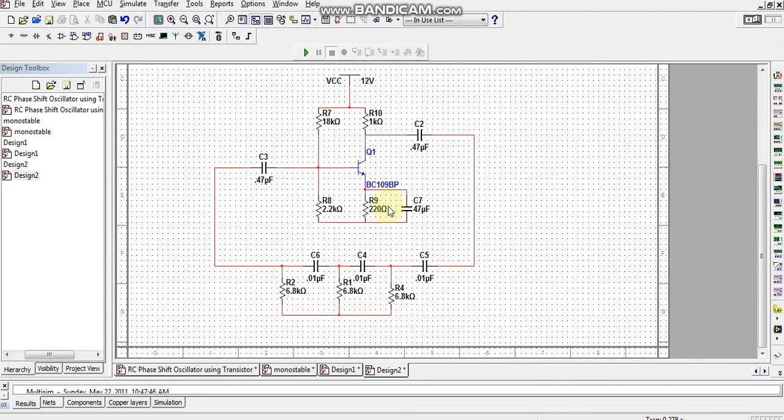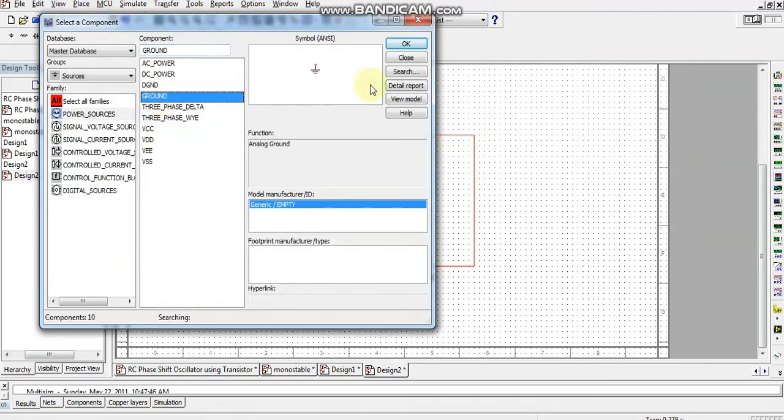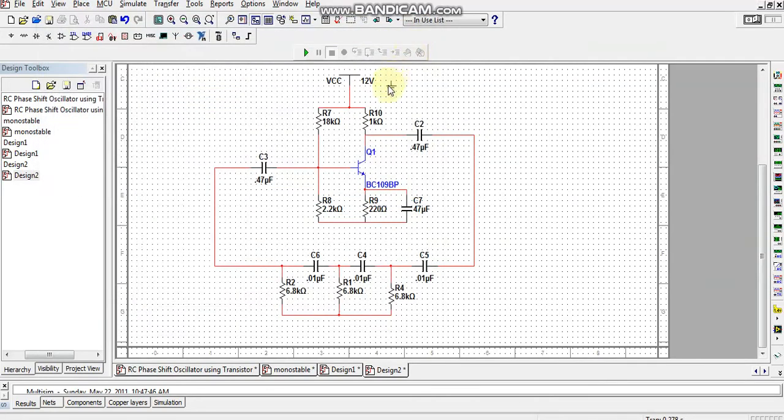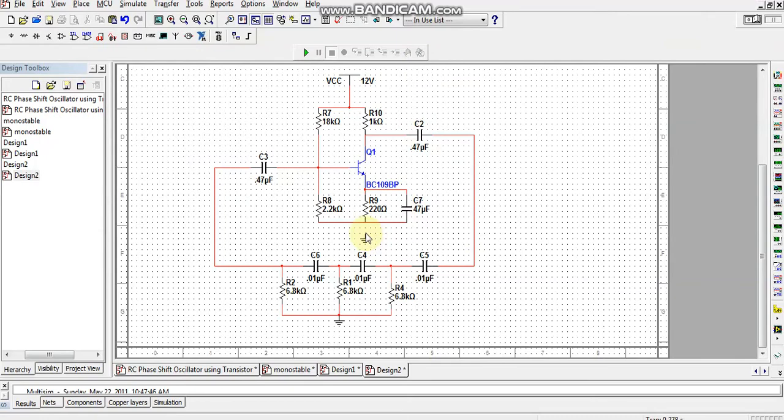Connections are over. And one more we have to place is the ground. So I have taken the ground. So one more ground I require, one ground at the amplifier.